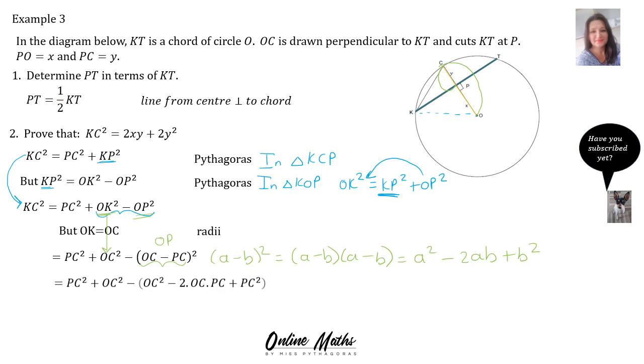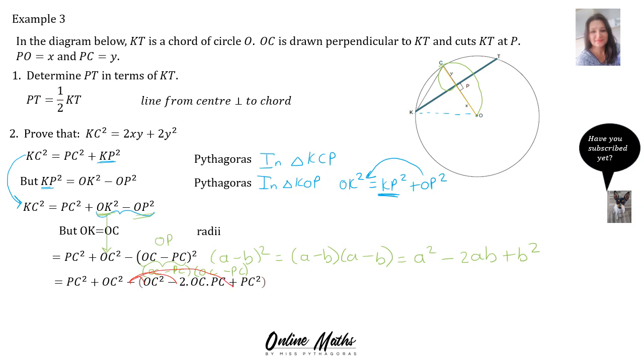In the next step, there's your PC squared plus OC squared and a minus, and it was this bracket OC minus PC that I wrote twice and multiplied out. In the next step, I'm going to multiply in this minus. So let me show you what happened.